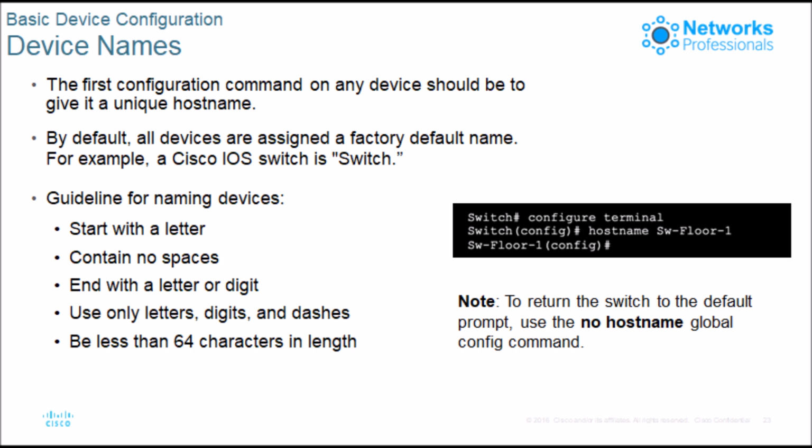Now you can configure your host name by using the command hostname, then give a space, and after that give your name as used in the example, Switch-Floor-1. Then use the exit command to come back to privileged exec mode and save your configuration.